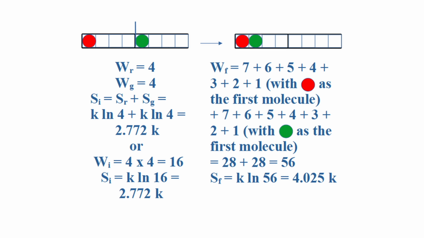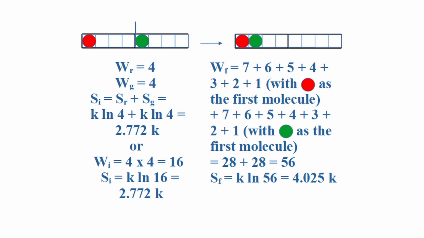Let us also assume that both kinds of molecules are of similar size. The two compartments contain 4 cells each. To make the analysis simple enough, let us assume that there is just one molecule of each gas.